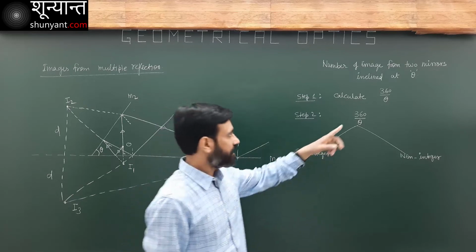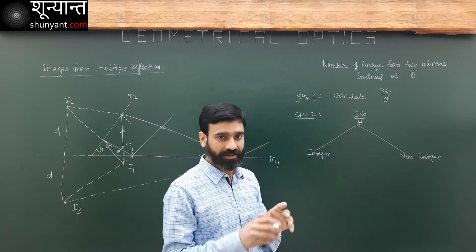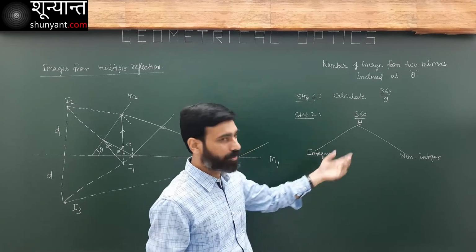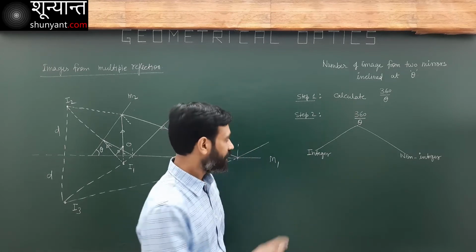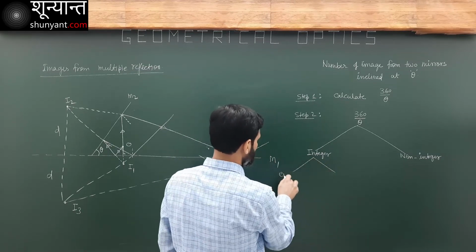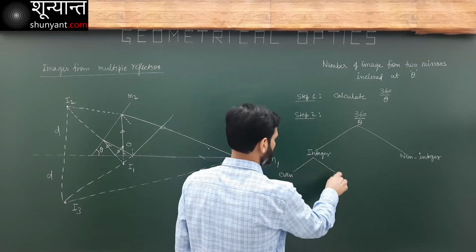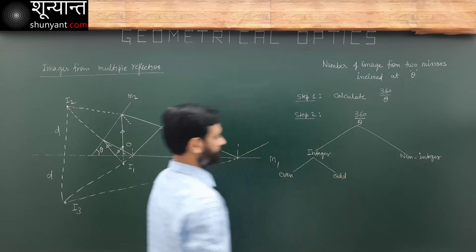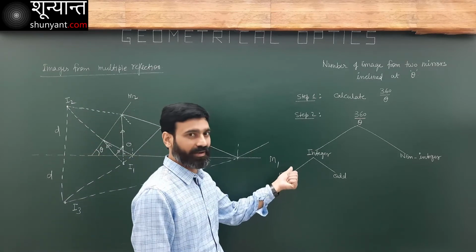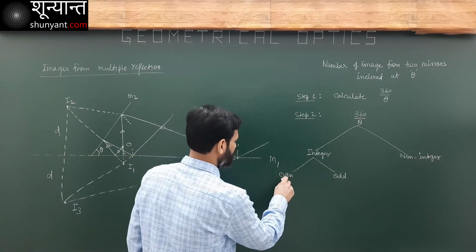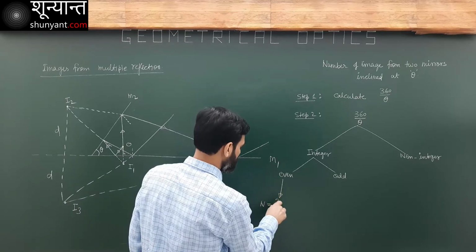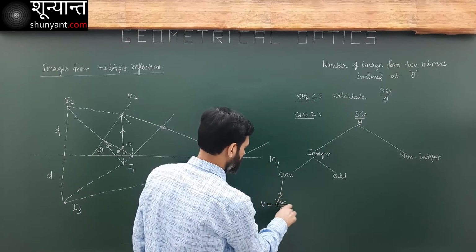It is either an integer, 1, 2, 3, 4, 5, or a non-integer. If it is an integer, it is going to be either an even or an odd number. Now, if it is even, the number of images becomes 360 over theta minus 1.